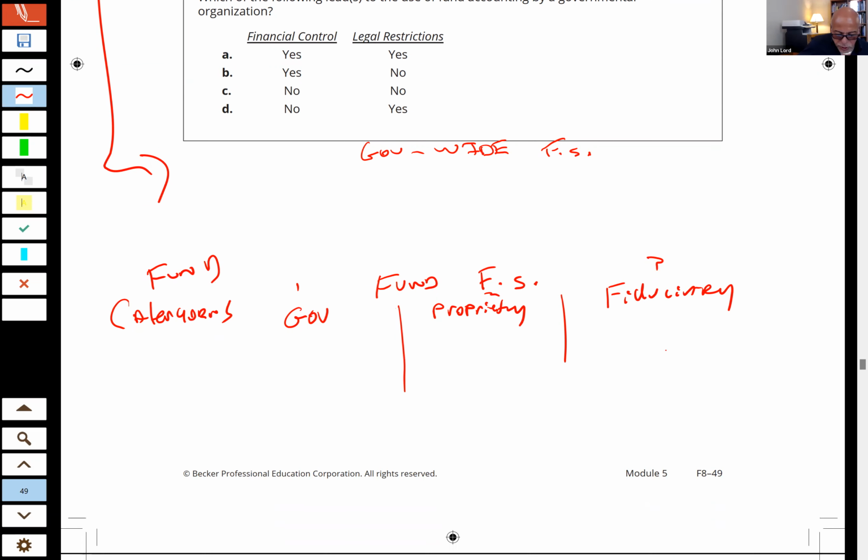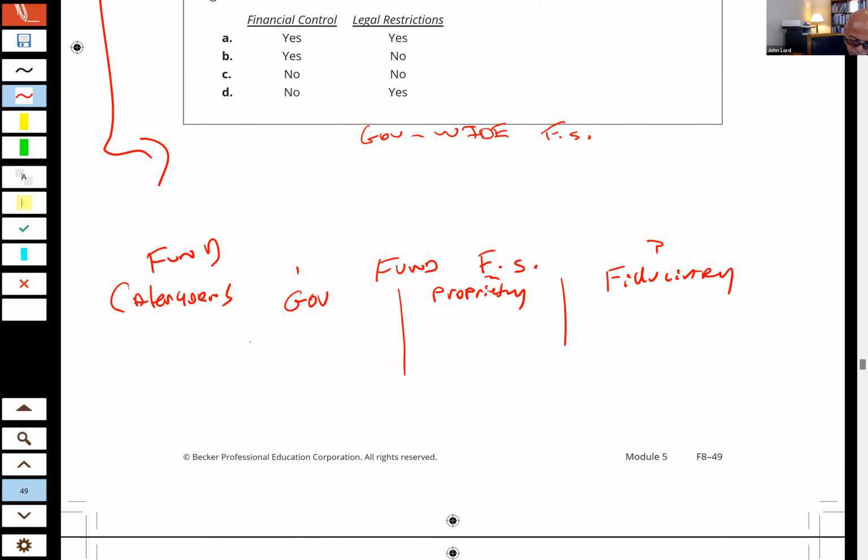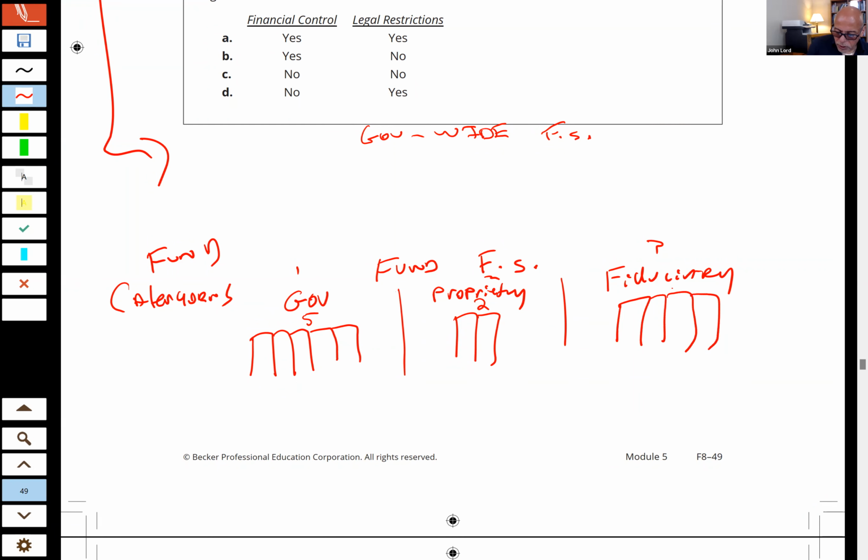Okay. Now, it turns out that there are 5 governmental funds, and I'm going to define what the names of these are in a minute. Okay. That's not a graveyard. Those are the columns for the different funds at the governmental category. There are 5 of those. When we look at our proprietary fund category, again, I'm not putting the names because we'll see those in a little while. There are 2 of those. And then when we look at the fiduciary funds, there are 4 of those.